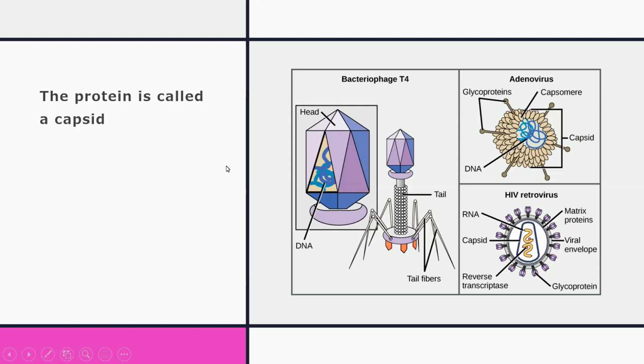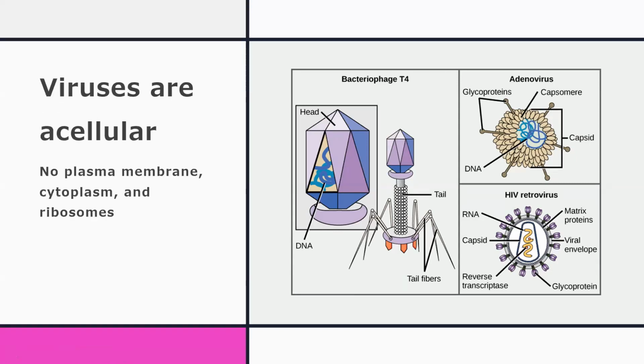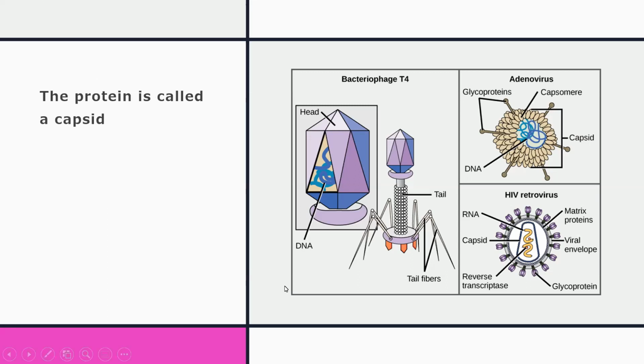Now, they're all going to have some sort of protein coat. Sorry, this is a poorly set up slide, but this protein coat is called a capsid, right? So this part of this virus is the capsid.